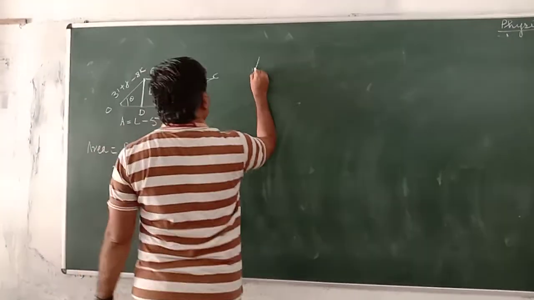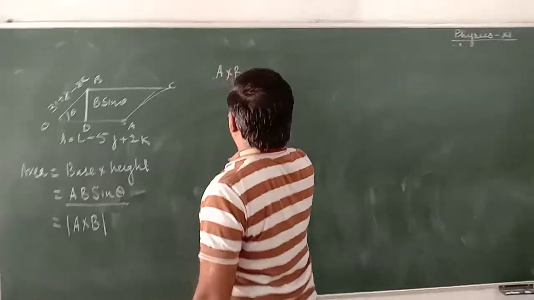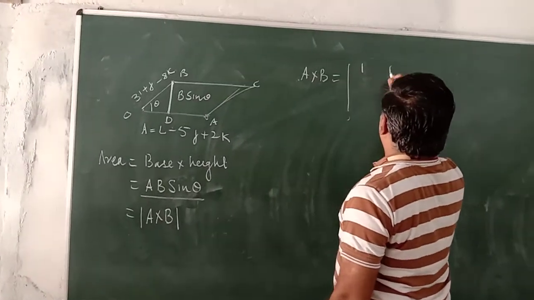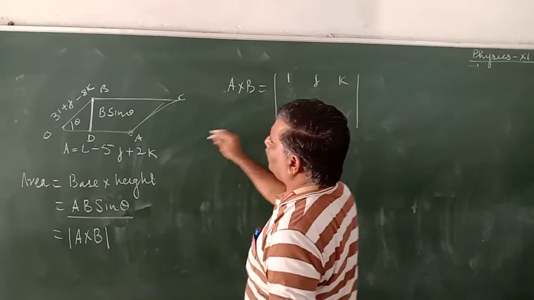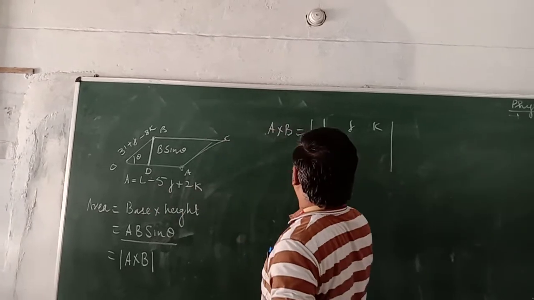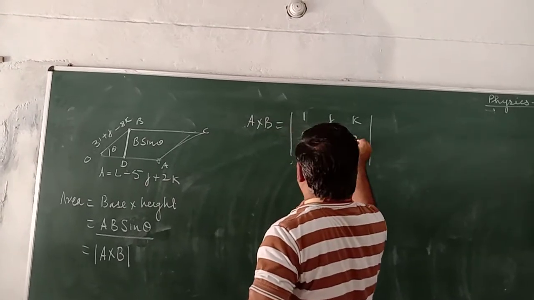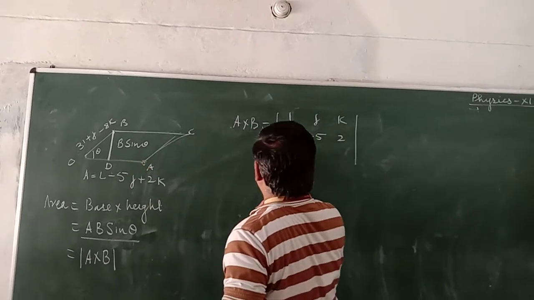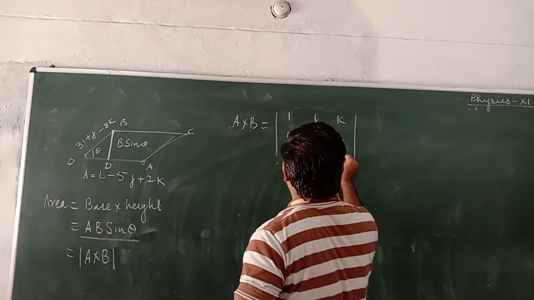Let us find out A cross B. We write it as i, j, k, then A: 1, minus 5, 2, and B: 3, 1, minus 8.